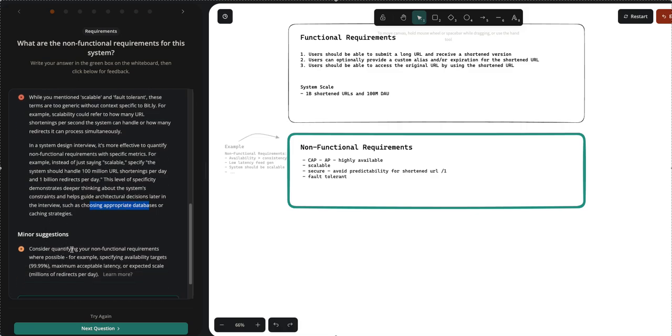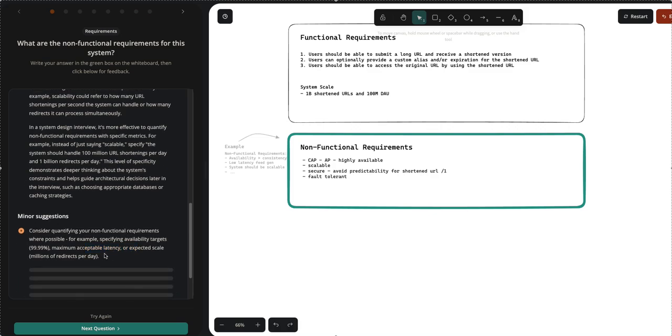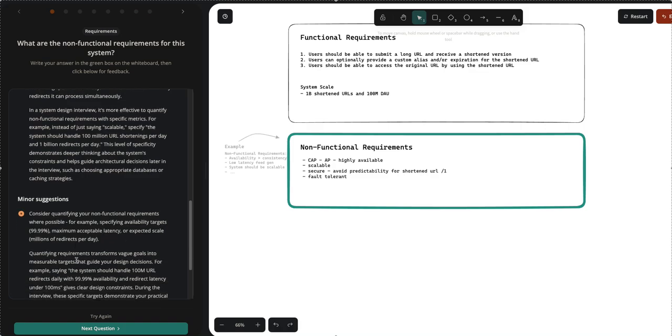Okay. Minor suggestions: consider quantifying your non-functional requirements where possible. For example, specify availability targets, 99%, maximum acceptable latency, or expected scale, millions of redirects per day. Yeah, that would be good to specify availability like 99%, 99.99%. Quantifying requirements transforms vague goals into measurable targets that guide your design decisions.